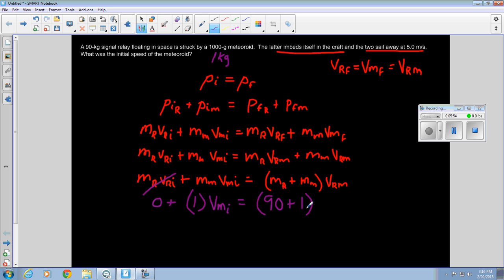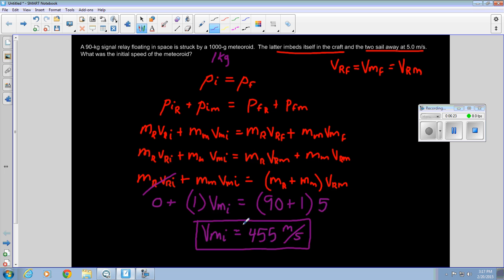So we're going to figure out what the initial velocity was based on the fact that they're both sailing away at 5 meters per second together. So now we can solve for the initial velocity of the meteoroid, and it is 455 meters per second. So that's a pretty massive speed for the meteoroid.